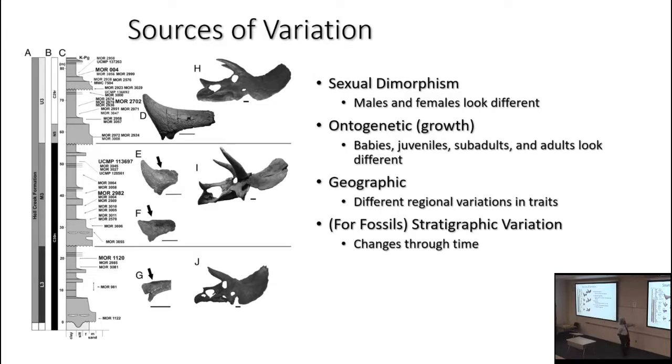A point I didn't put in a slide, but I'll just mention it, is taphonomic variation. In that case, it's not actually real variation between the individuals as organisms, but rather as fossils, as entities as they're preserved. As you might imagine, most fossils are not pristine duplicates of what the original organism looked like. They've all been somewhat weathered.